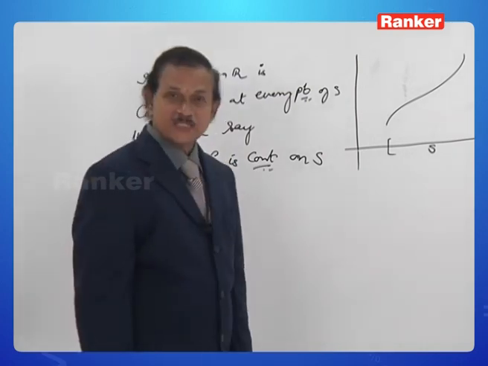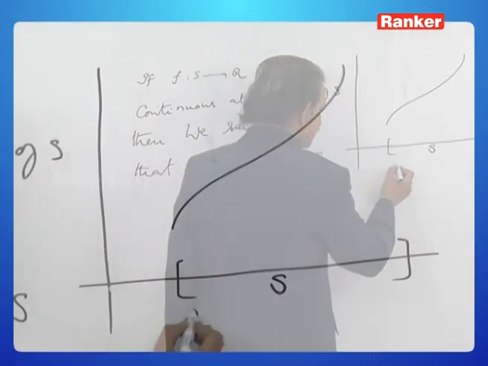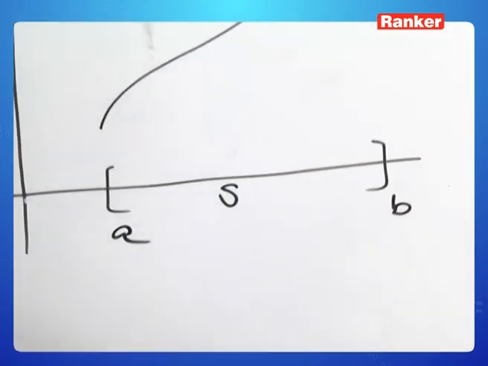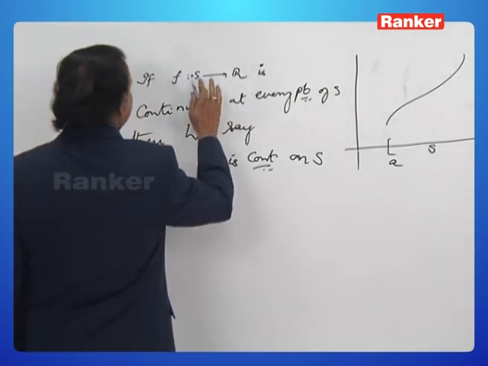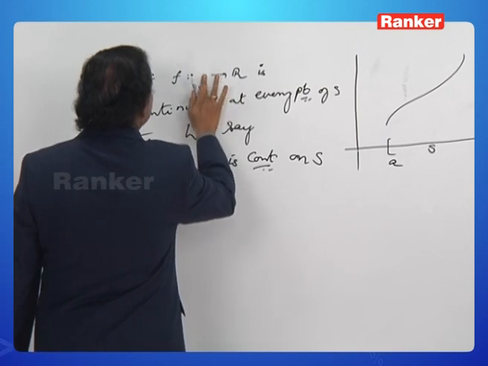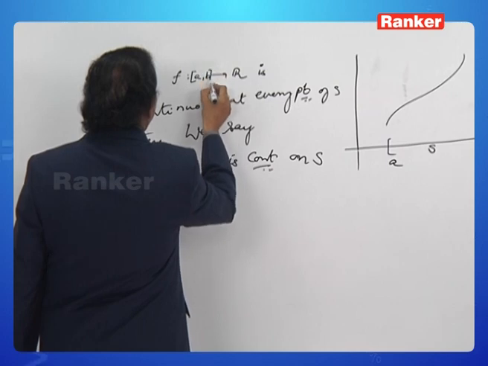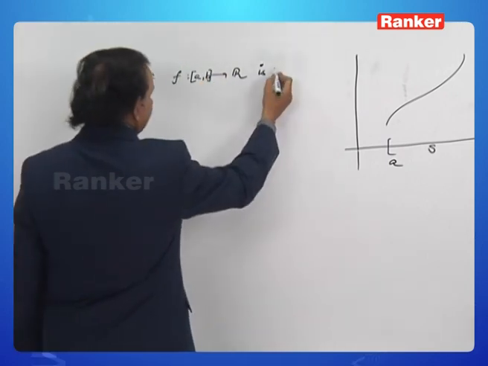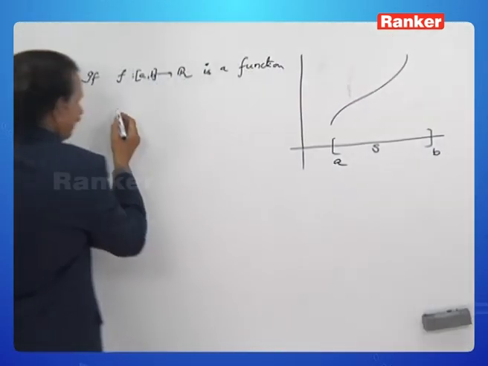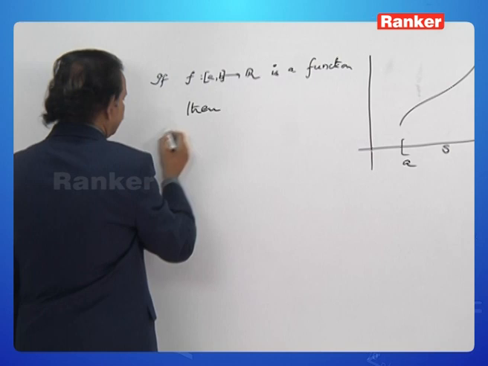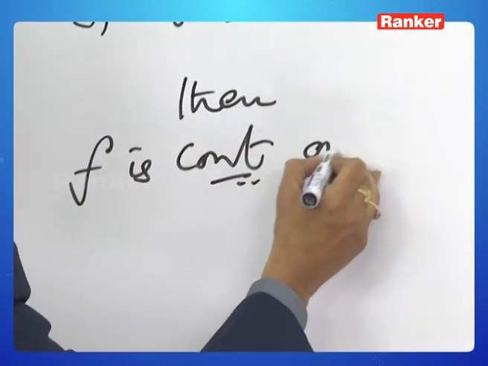Now, of special interest is the case when the domain of the function is a closed interval a to b. What happens? If f from closed interval a to b to R is a function, then f is continuous on [a, b].